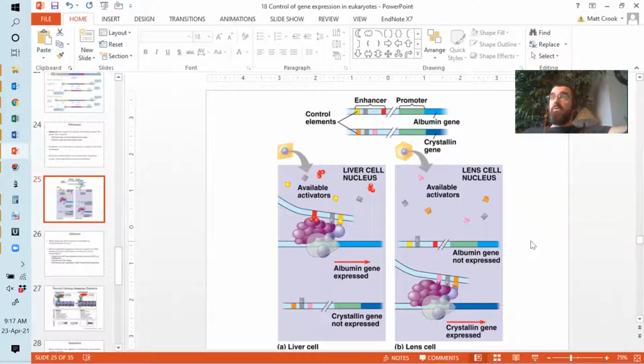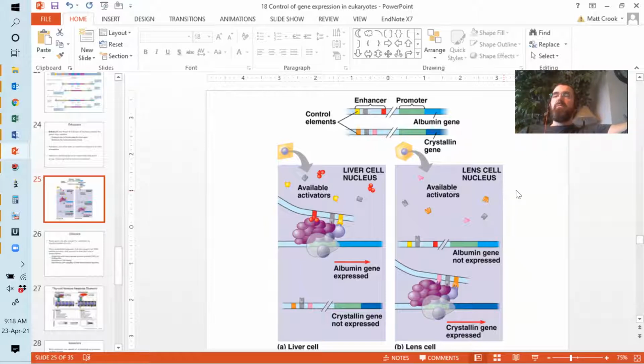That's how you focus your vision, and you stretch and relax the lens to change the focal depth. I'm looking at this, and now I look up and see my daughter come downstairs, and the lens changes shape. So anyway, you only need that expressed in the lens cells of your eyes. You don't need it in any other cell in your body.